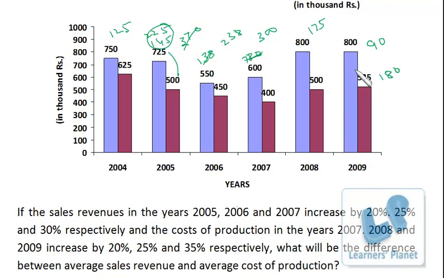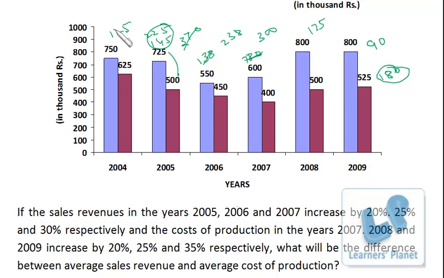Okay. Now we got the differences, right? So our data is with us. We just have to find the average of 125, 370, 238, 300, 175 and 90. Once again you can either take the deviation, assuming any average. Because all the data are less than 200, I assume it to be around 200.